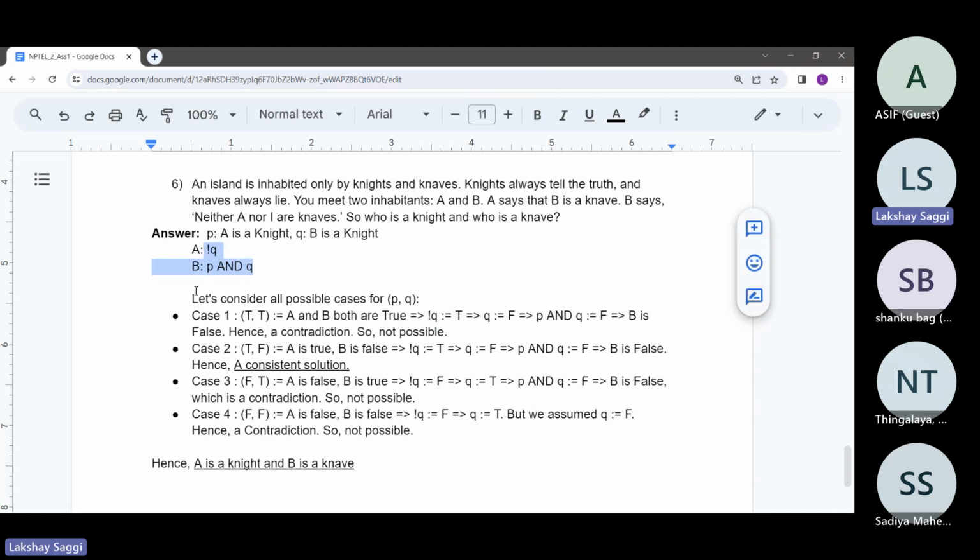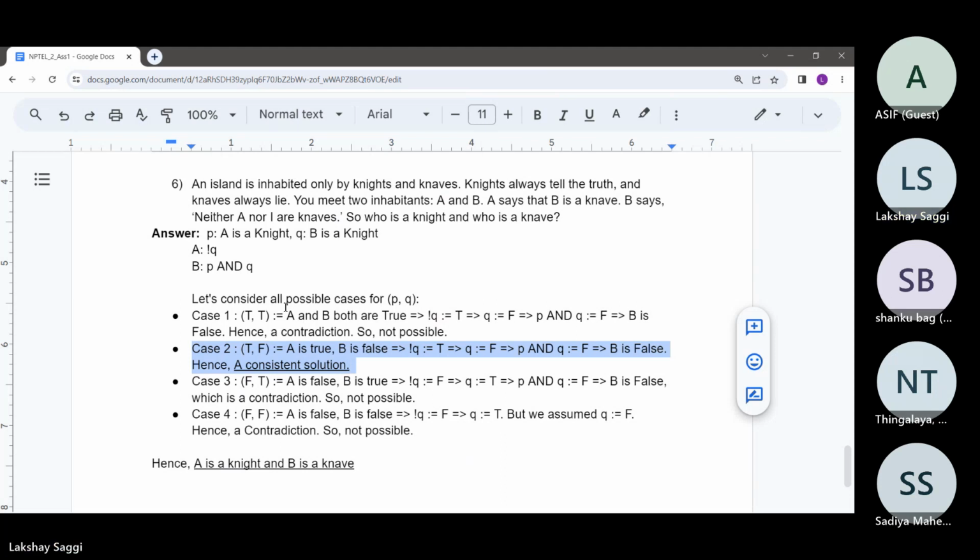When P was true and Q was false, we found a consistent solution. When P was false and Q was true, we were again able to arrive at a contradiction. And when both were false, we were again able to arrive at a contradiction. So the only case where we found a consistent solution was case two. So the only possible way is that A is a knight and B is a knave. I hope this solution makes sense.